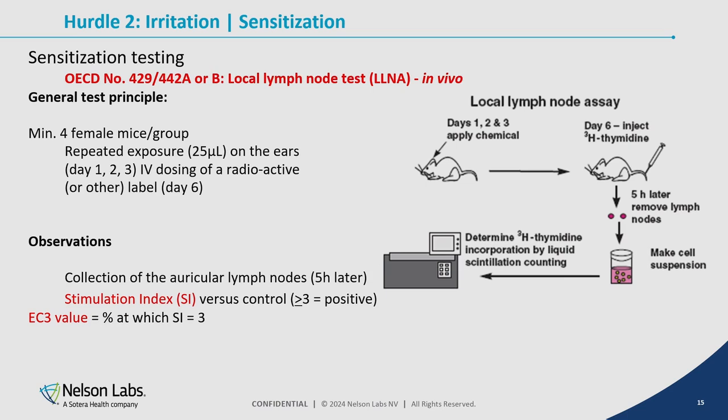After day 6, you inject a radioactive label targeting the lymph nodes, and 5 hours after injection of this radio label, you retrieve the lymph nodes and analyze them with a liquid scintillation counter to measure the amount of radioactivity. If the radioactivity is 3 times more than your control, which didn't include the leachable, then it's considered to be sensitizing.